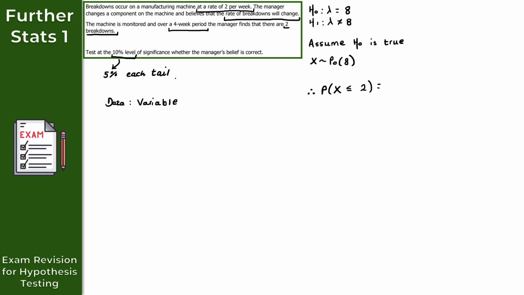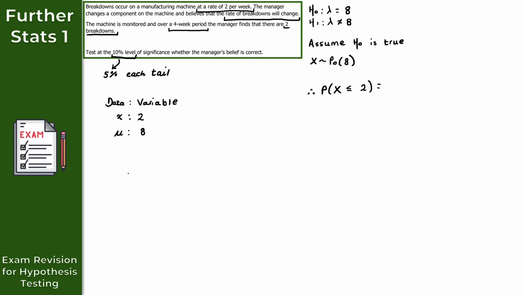For x, that would be this value of 2, so we put x is 2 there. And for mu, that is the mean, which as we've mentioned is simply the parameter of 8.